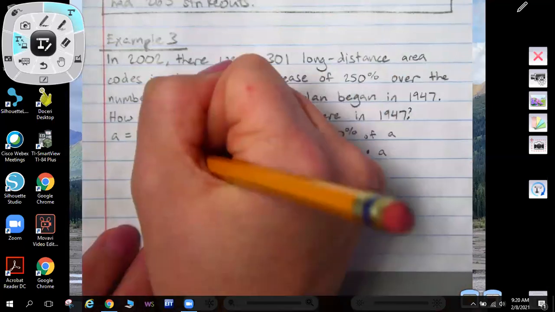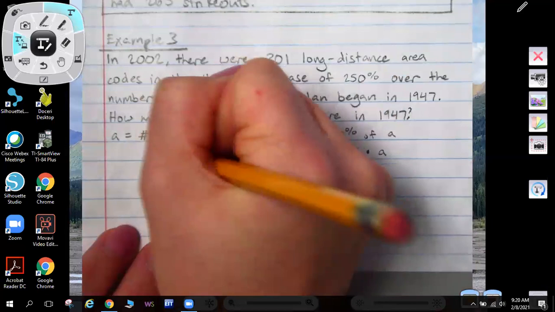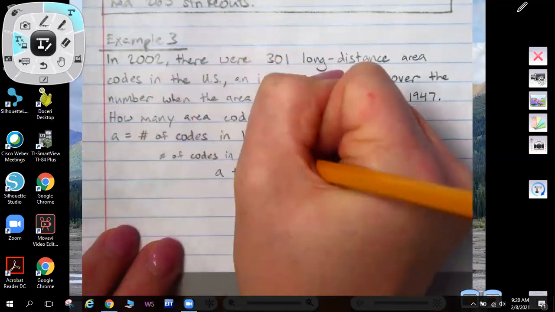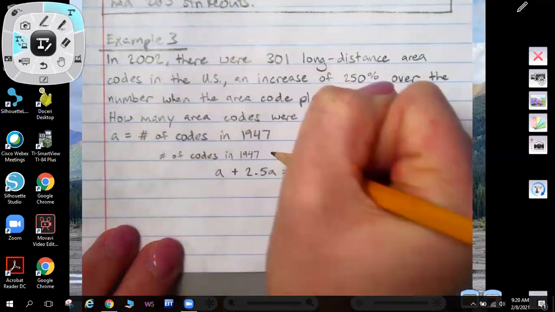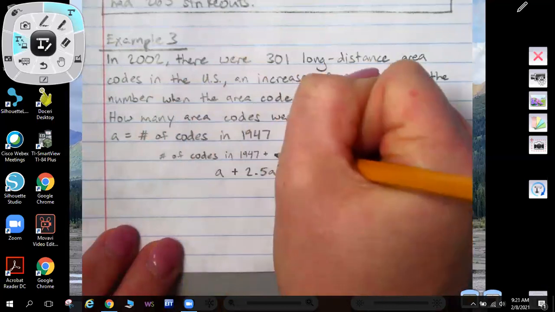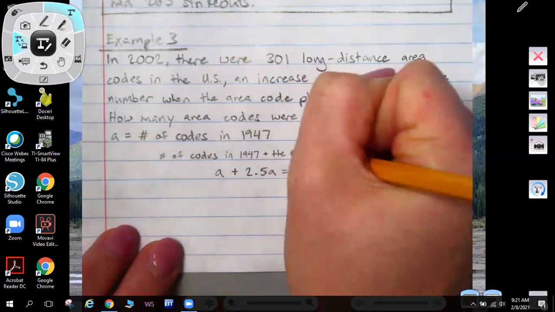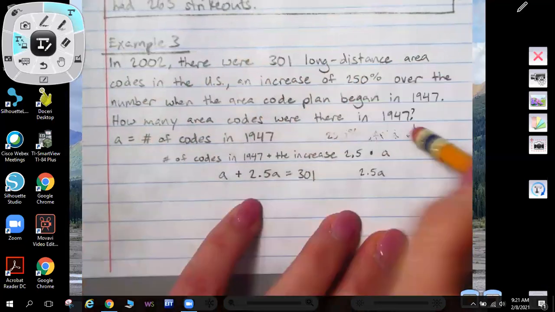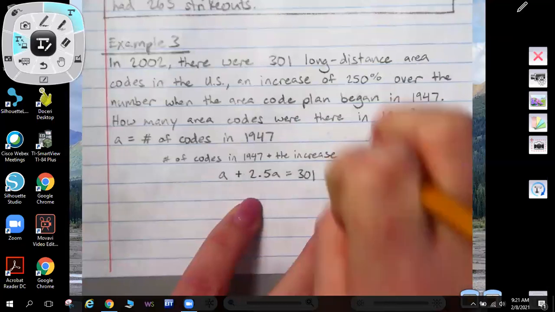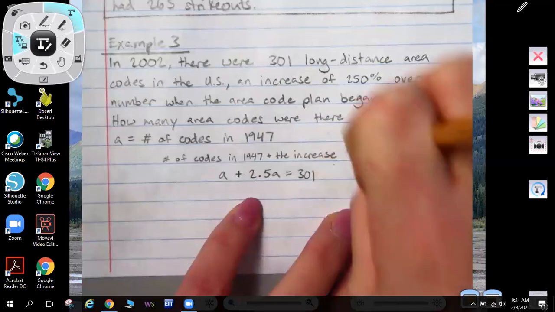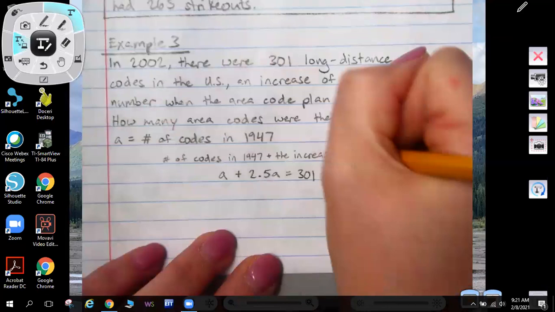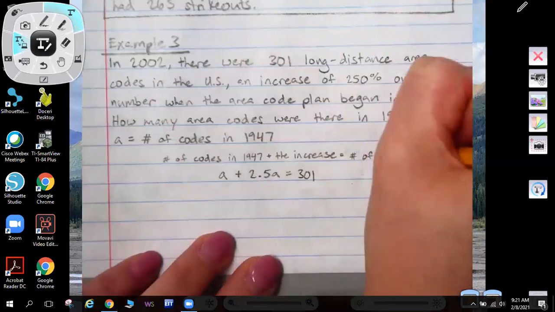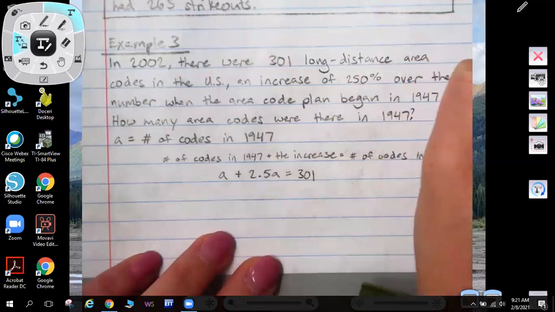So this is the number of codes in 1947 plus the increase, equals the number of codes in 2002.